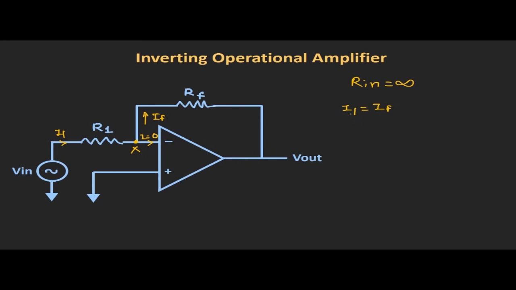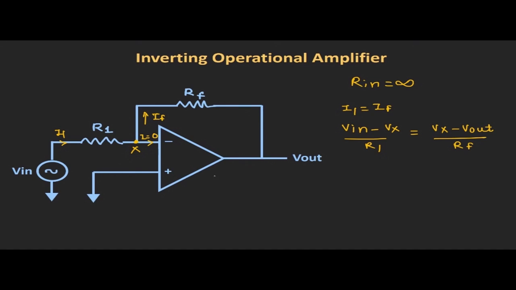So now we can write I1 as Vin minus Vx divided by R1, where Vx is the voltage at this particular node. Likewise, we can write the current IF as Vx minus Vout divided by RF. Now, if we apply the concept of virtual ground, then this node X should have a zero potential because the non-inverting input terminal is grounded.